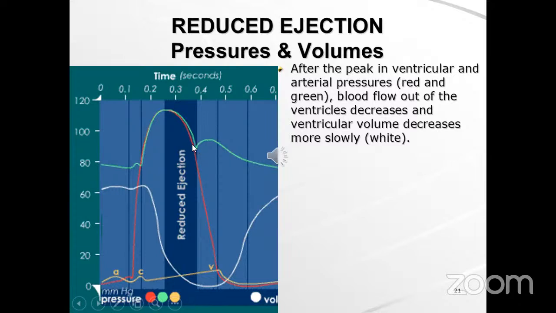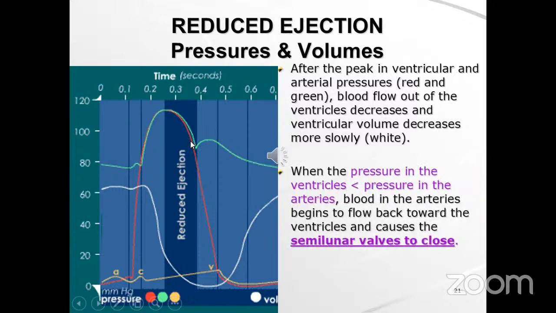When the pressure in the ventricle falls below the pressure in the arteries, the blood in the arteries begins to flow back toward the ventricle and causes the semilunar valve to close.